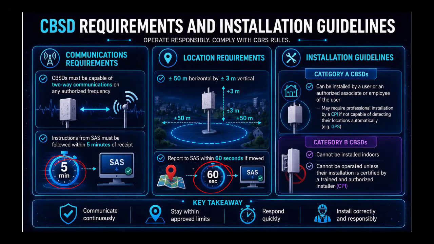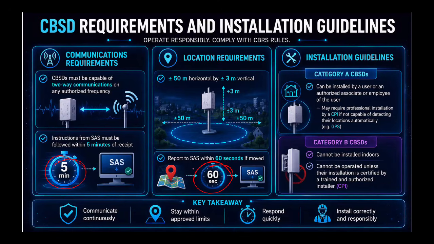Then installation guidelines. Since category A CBSDs are not that big, they can be installed without a certified professional installer. But category B must be installed and certified by a CPI, certified professional installer. And it can't be operated until the CPI verifies and registers the installation.